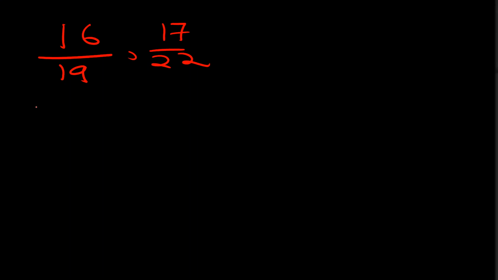If I ask this question, what will you do? You will start dividing. If you divide 16 by 19, you will get approximately 0.8, and it will go on. If you divide 17 by 22, you'll get 0.718. 22 into 7 is 154.